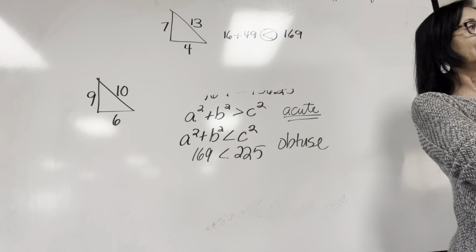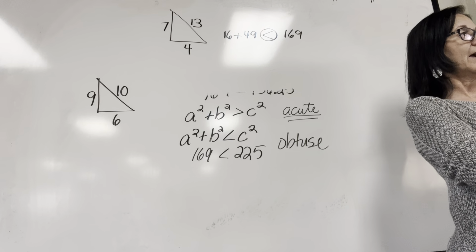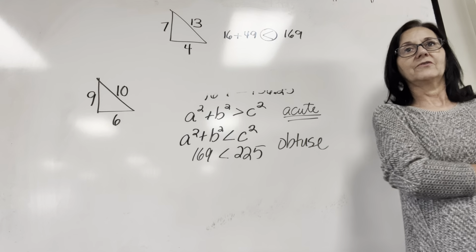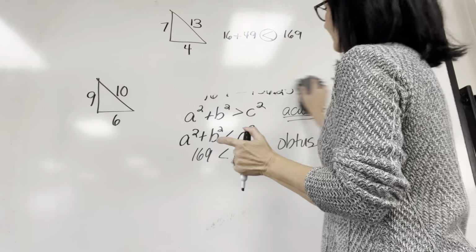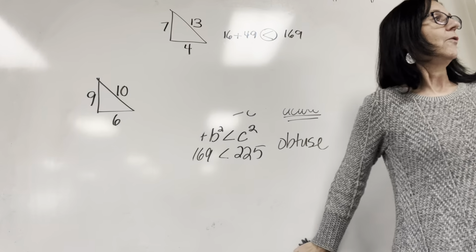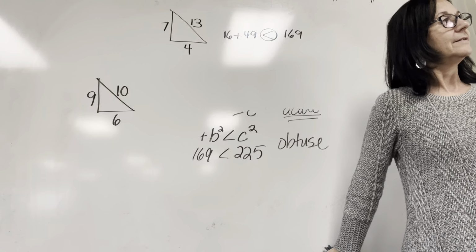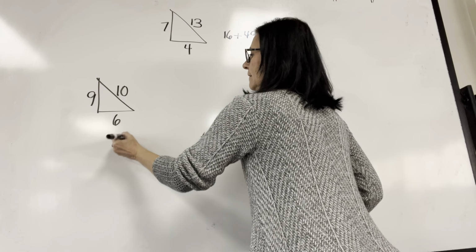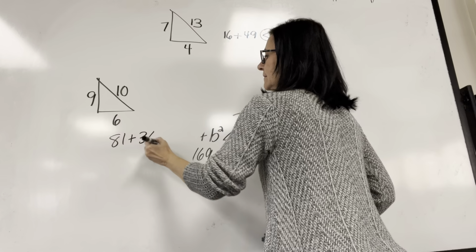Does everybody have it? Did y'all calculate it? Chris, did you calculate it? What is it, Elliot? It's acute. Wait, did you not get that? No, I did. So I got 81 plus 36. Oh, 36. I'm so dumb.